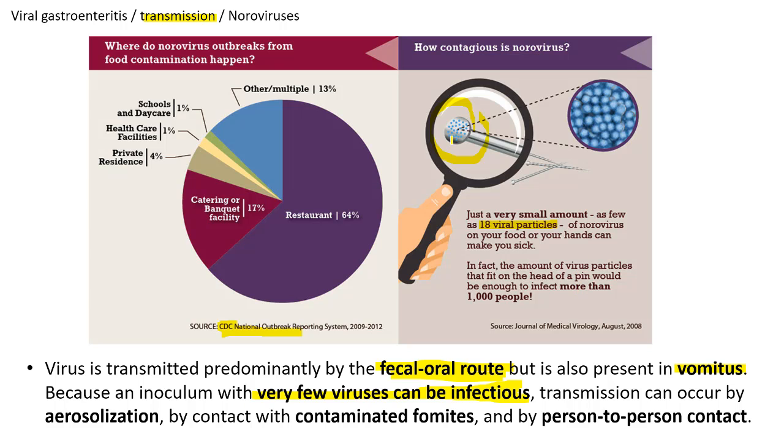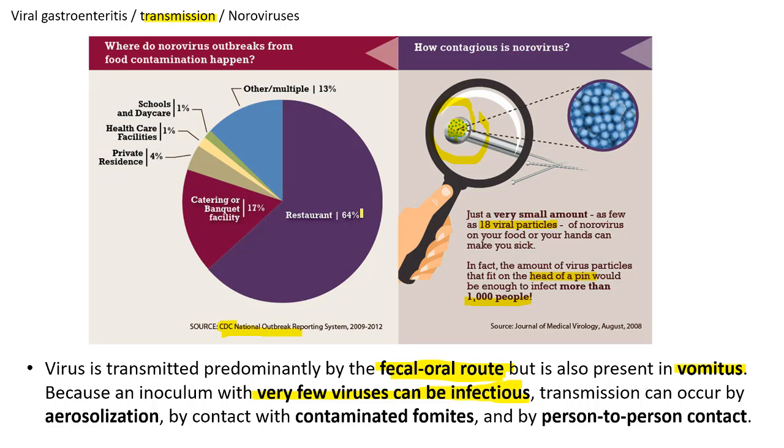So those found on the head of a pin can infect more than 1,000 people. So it is very contagious, this virus, and that's why it causes such major outbreaks.